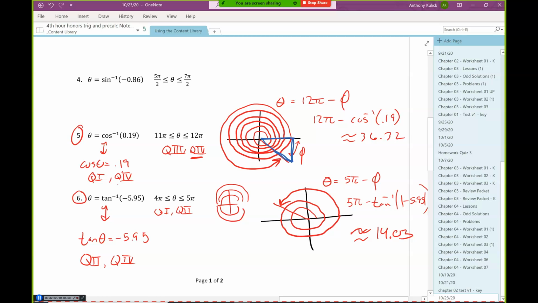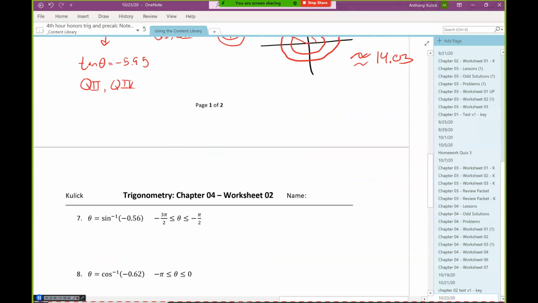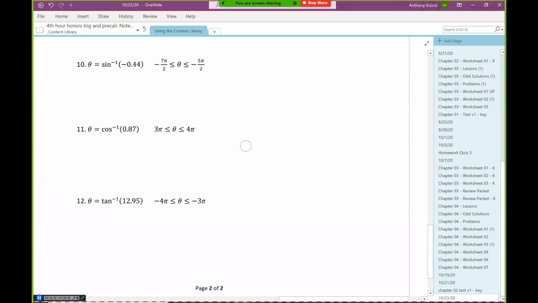Okay, so we'll start by figuring out where cosine is positive, which I think was the same situation as before. That's in quadrants 1 and 4. 3 pi to 4 pi is quadrants 3 and 4. I think we've done that one already. Everybody's okay to there?